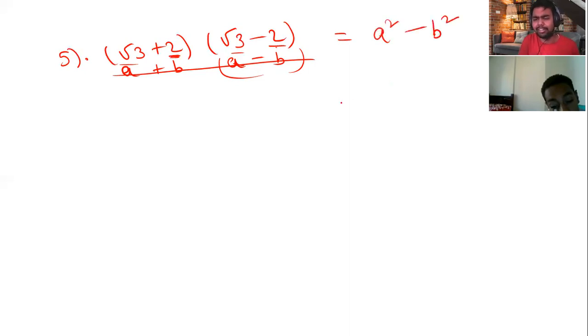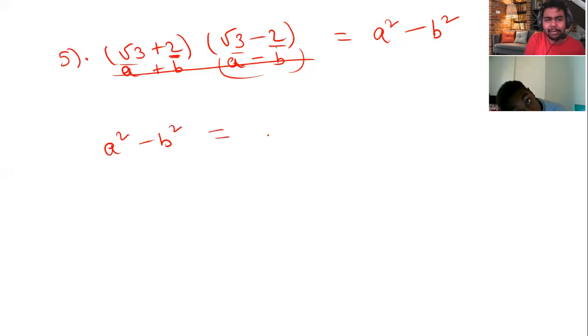That's the formula. How do you know that's the formula? Because I have given you the list of formulas, so I know that is the formula. See, this was the formula which I gave. Can you say that a square minus b square is equal to this? This is the whole difference.